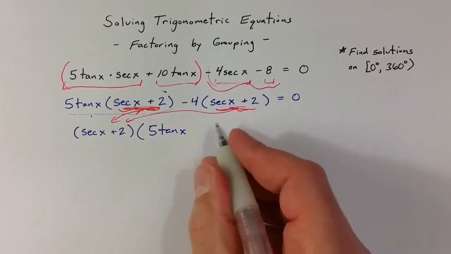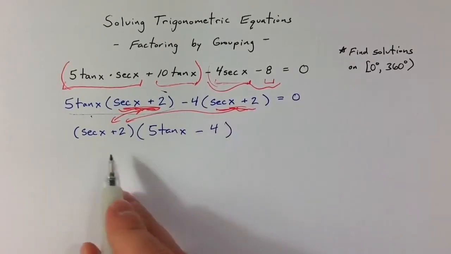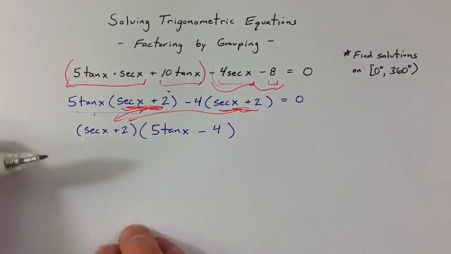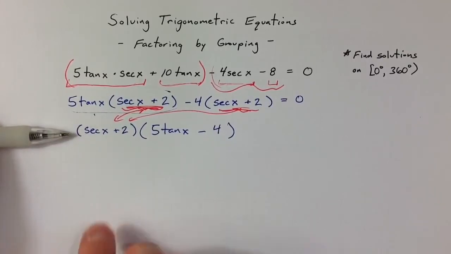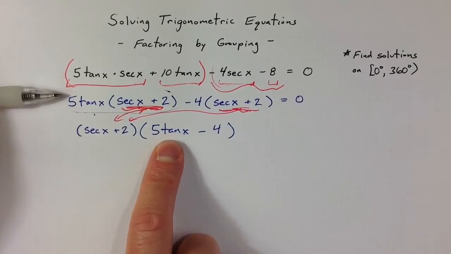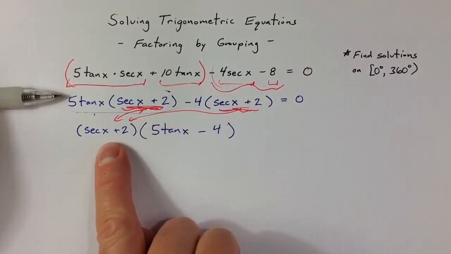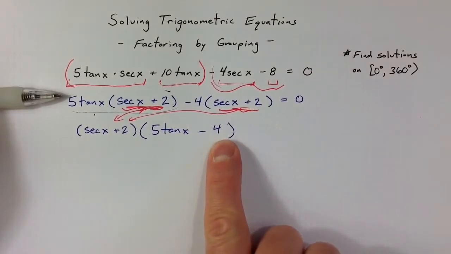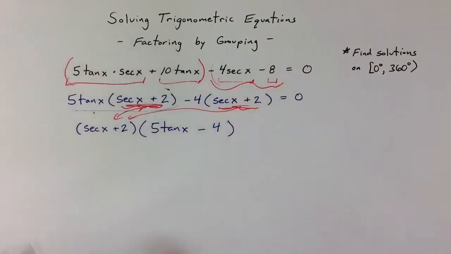And from the second group, what's left behind is just the negative 4. Multiplying things back out, secant x plus 2 times 5 tangent of x would give me that first group, and secant x plus 2 times negative 4 would give us that second group.